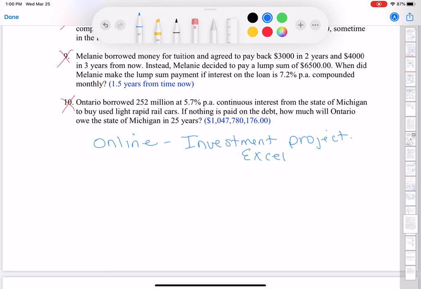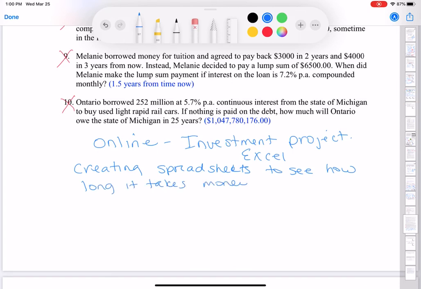What you are doing is you are creating spreadsheets to see how long it takes money to double at different interest rates.